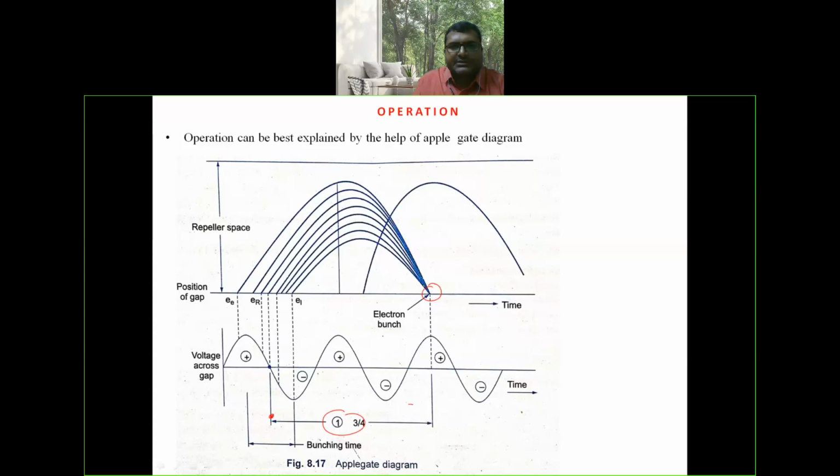For the remaining modes, the bunching can be formed at 2 3/4 cycles, 3 3/4 cycles, or 4 3/4 cycles. Practically, oscillations are possible up to n equal to 7.